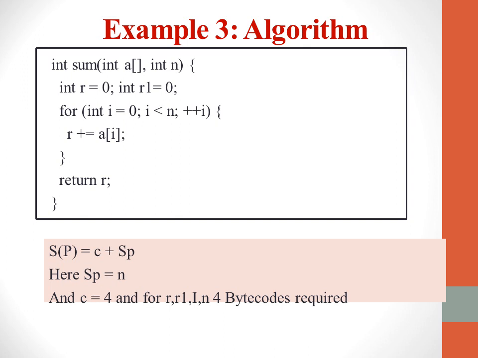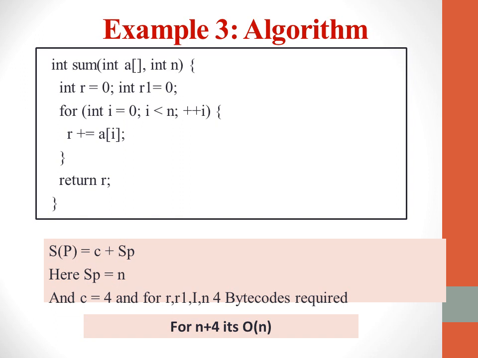Here Sp equals n, that is the variable part, and c equals 4, that is a fixed part, for the variables r, r1, i and n. So total we can say 4 byte codes required. So the total complexity is here n plus 4, and the order of polynomial is n. So the answer is O(n).